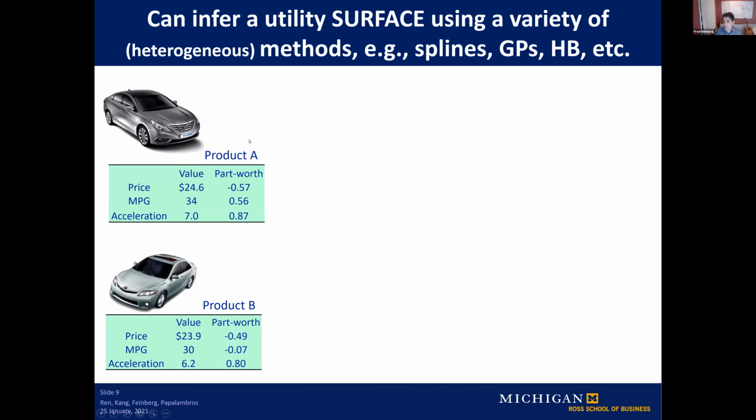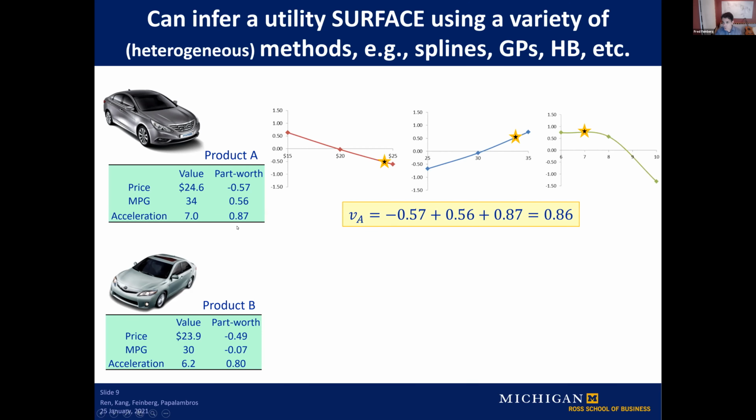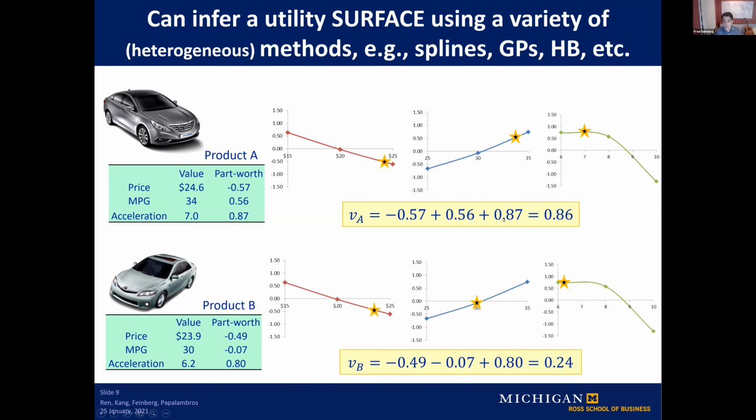I could say, here's two products we're thinking of making. They have levels that were not part of the original set that we tested. But using interpolation, or I think a better way to think about it is some regularized heterogeneous hypersurface, which is already in the literature, we can say, well, here's the utility for product A, here's the utility for product B. There's some error model floating in the background, and I'm going to get to that later because it was a major criticism of what we did in the first round of this paper.